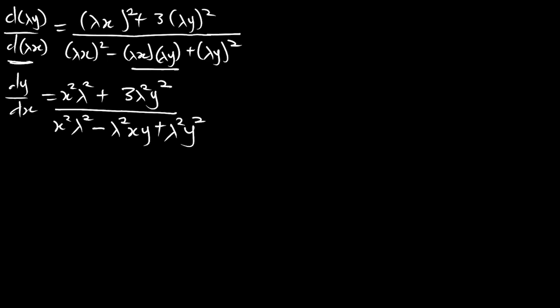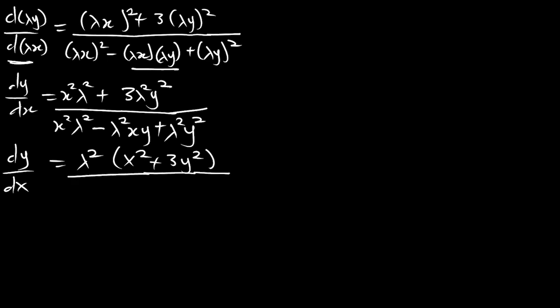This is just a matter of you doing some substitution and some factorization. On the top side, we can factorize lambda squared out, leaving x squared plus 3y squared. At the denominator too, we can factorize lambda squared out, giving us x squared minus xy plus y squared.